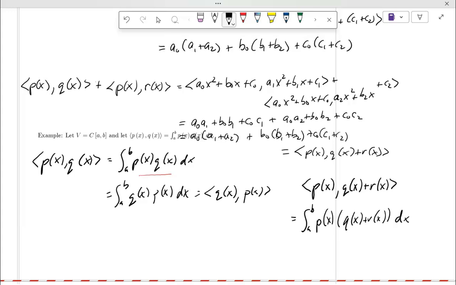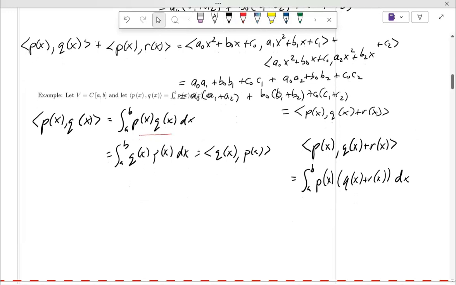That's how the inner product is defined here. What do we do next? I think we had to distribute it. So I need to distribute that P of X through. And then, since we're doing an integral, what can we do with respect to the sum? Break it up, good.